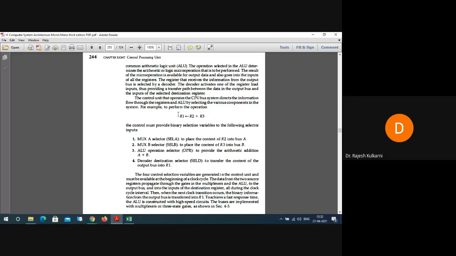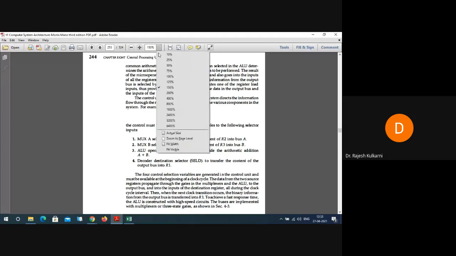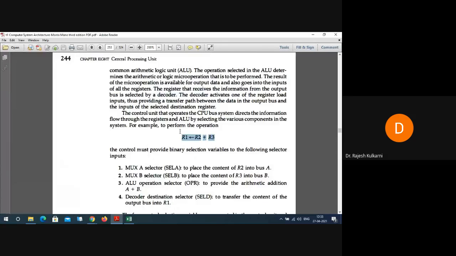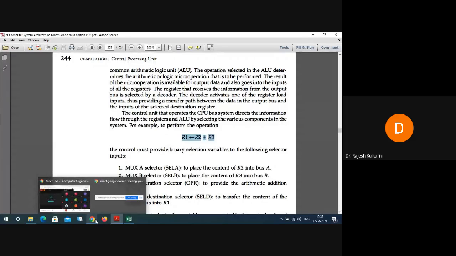For example, I want somebody to read this instruction. Anybody in the class, make it fast, read this instruction. Is it visible? Read this instruction, just this instruction. Make it fast, somebody. Yeah, Vinay, you can read. Or Himashri, you can read. Anybody can read. Make it fast.